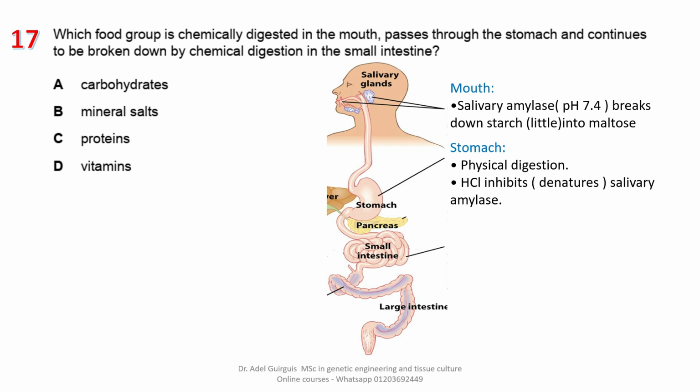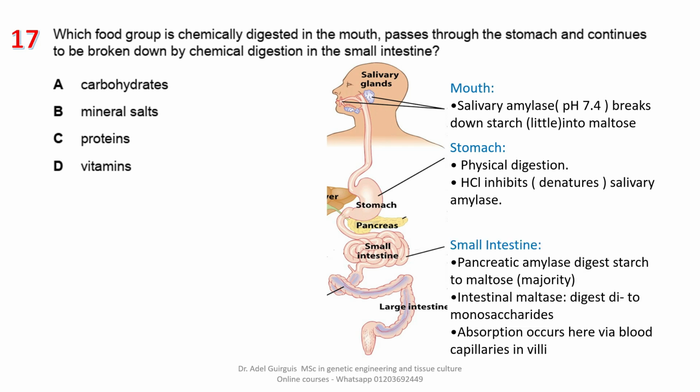In the stomach, it's physical digestion, no chemical. And HCl inhibits or denatures salivary amylase that is secreted from saliva. Okay, it's completely inhibited by the pH 1 to 2 of the HCl.